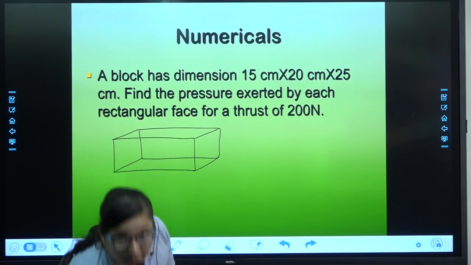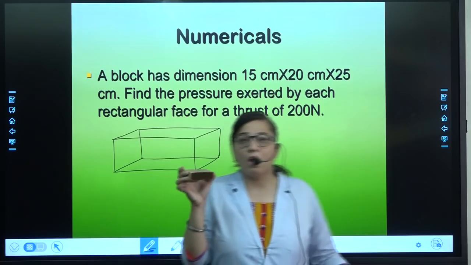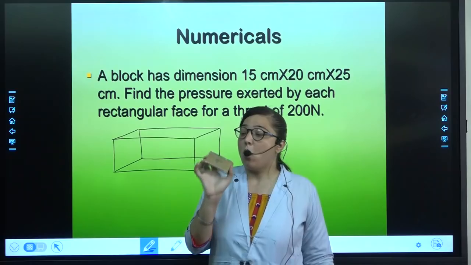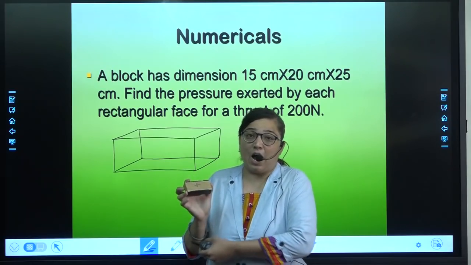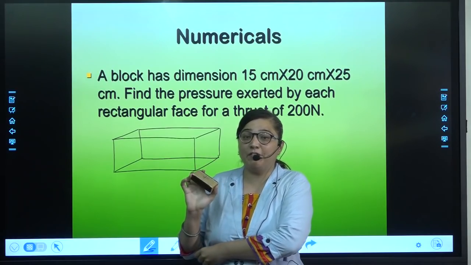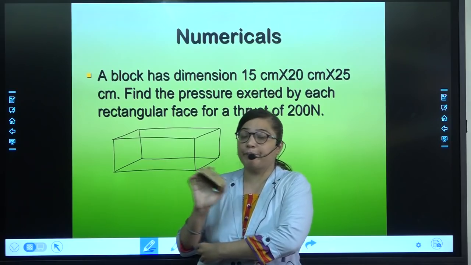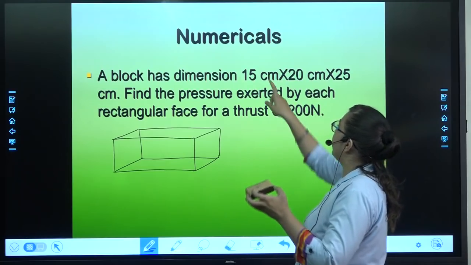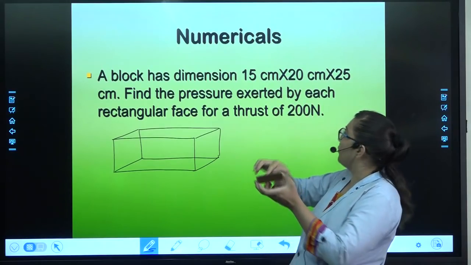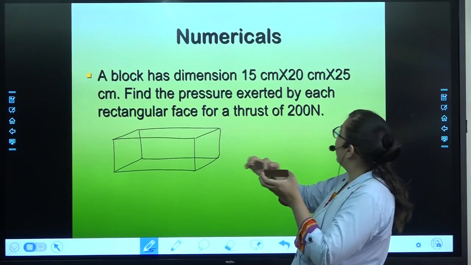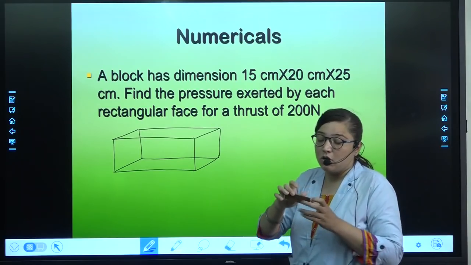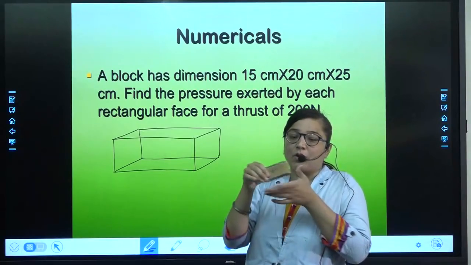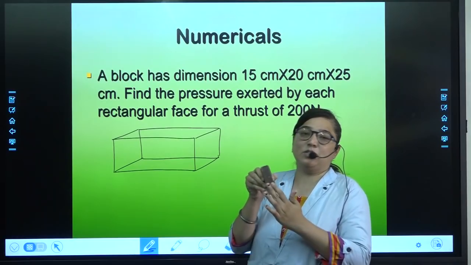Alright, it's something like this, somewhat similar exactly to this, where the area that is concerned will be different for all the surfaces. For one surface, it has L, B, H, so 15, 20 and height say 25. So if you are solving it like this, one surface will be this, one will be this one and one will be this one.